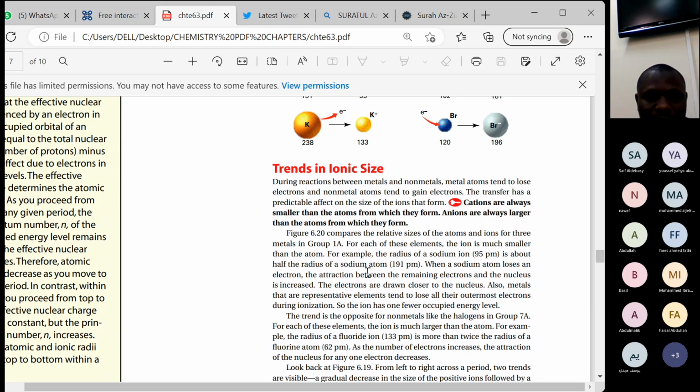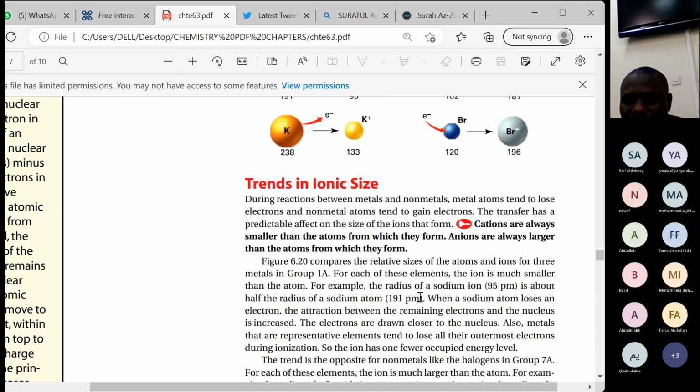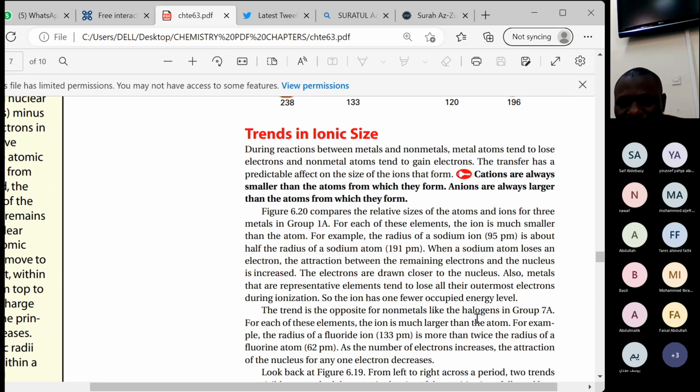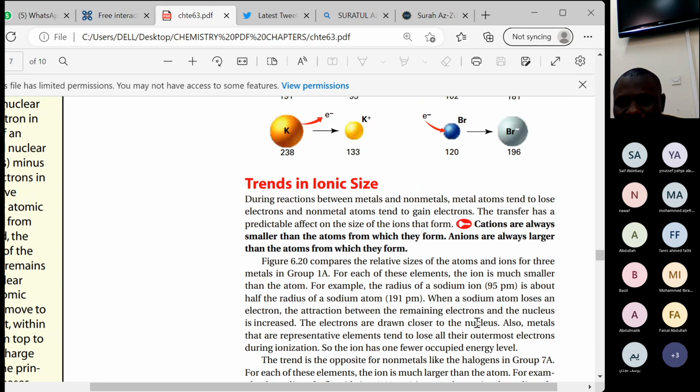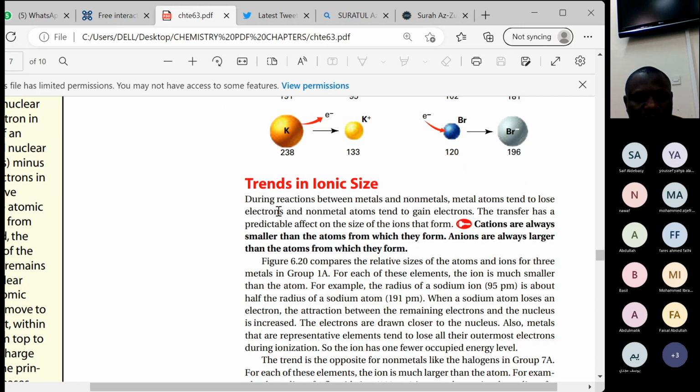Anmar Halawan is there? Anmar is absent? Okay. Bashir Khoja is there? Yes, mister. Can you read the trends in ionic size? Can you see my screen? Yes, I can see. Okay, can you read from there?